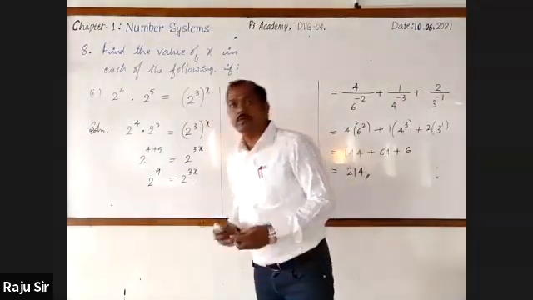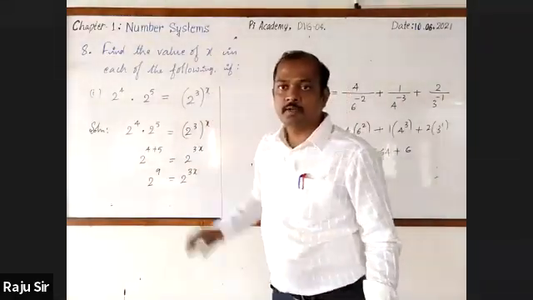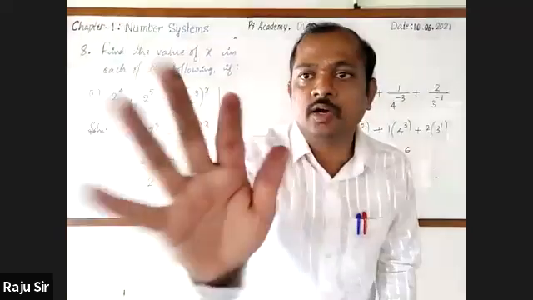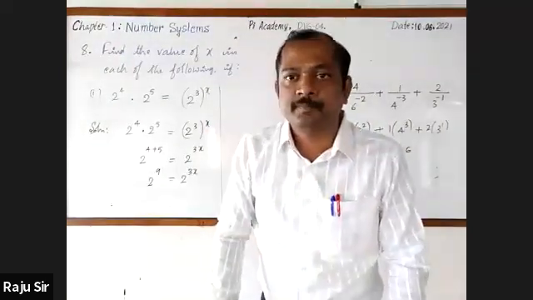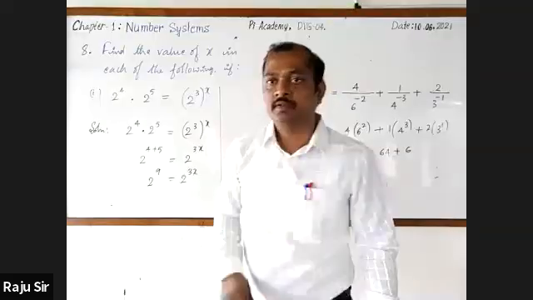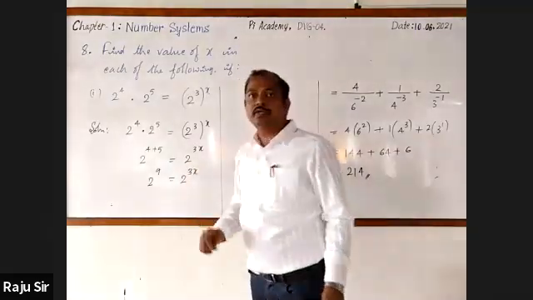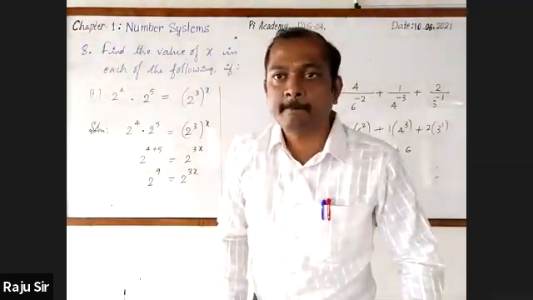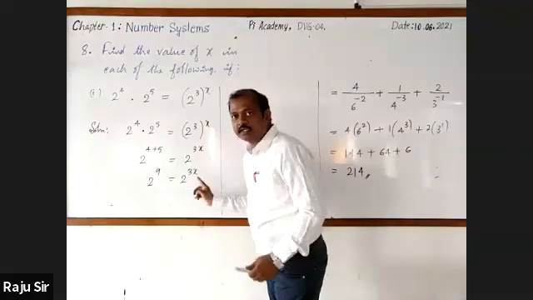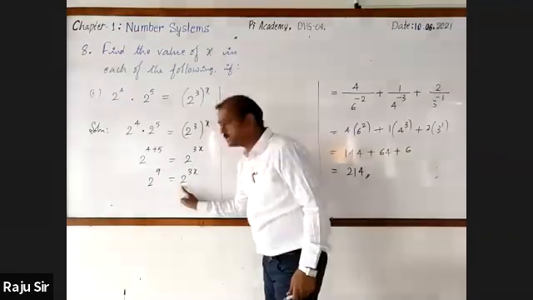Now, observe it. In LHS, how many terms are there? One term, sir. In RHS, how many terms are there? Only 1 term. And in both LHS and RHS, base is same.